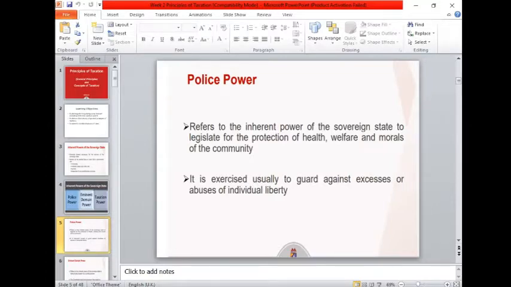But our liberty has its limitations, especially if that liberty or freedom can damage other people. That's why the government exercises this power to watch and guard us against those who commit crimes or abuse their freedom to hurt other people.